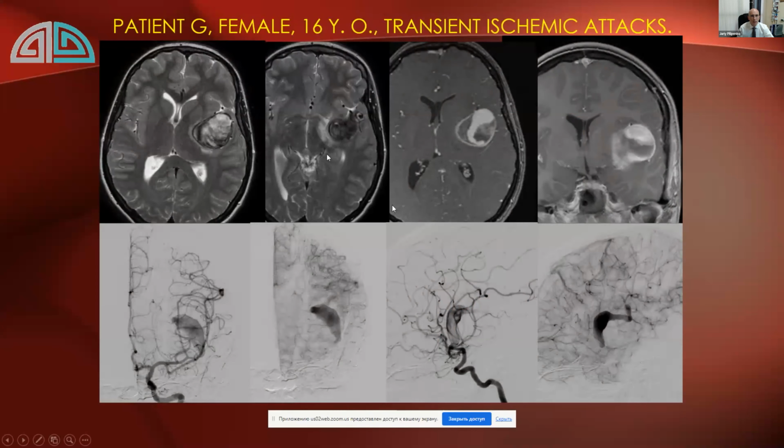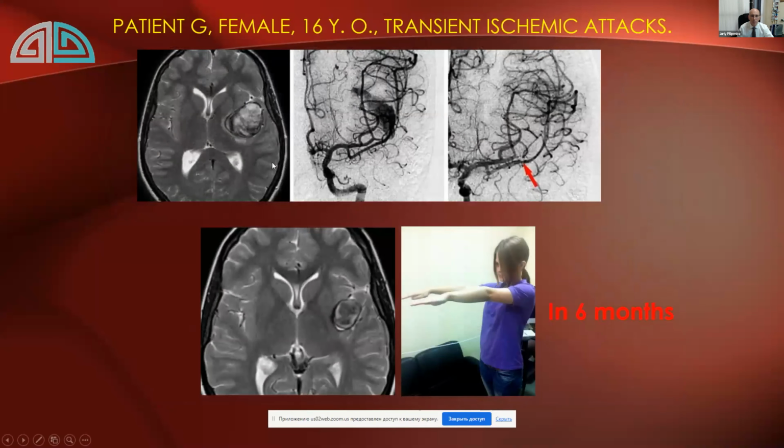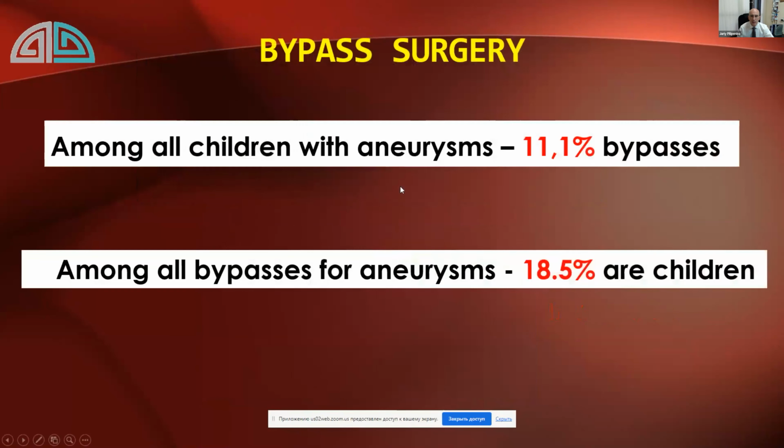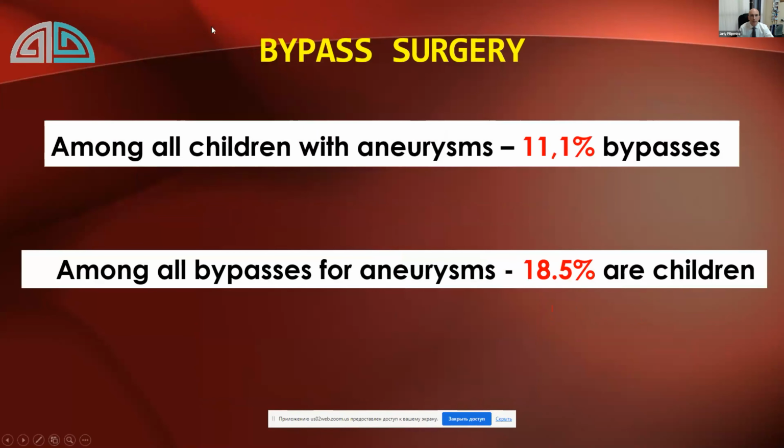Another case, a giant partially thrombosed fusiform MCA aneurysm was also occluded by endovascular proximal coiling, and at 6 months there was significant decrease of the aneurysm with good clinical results.